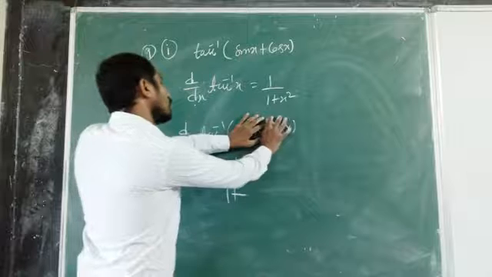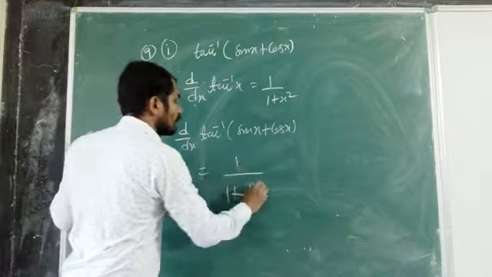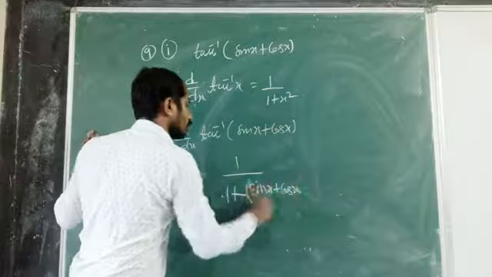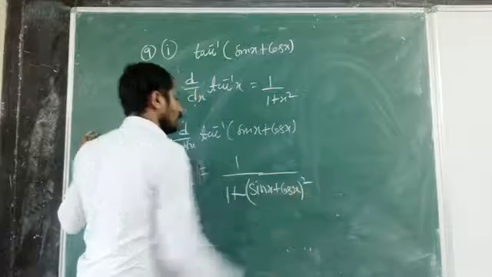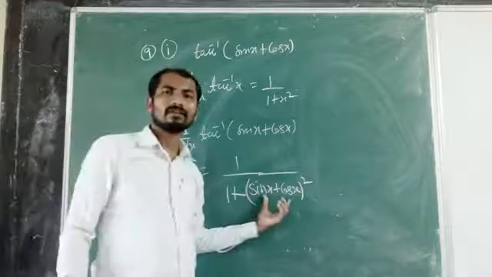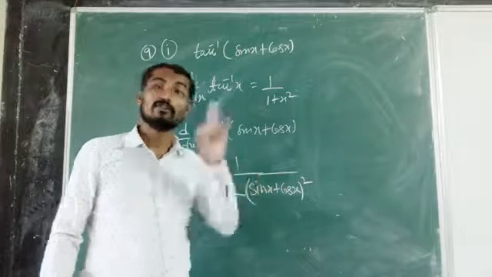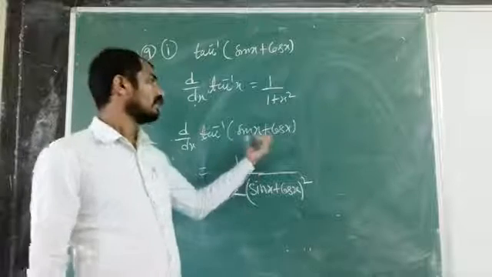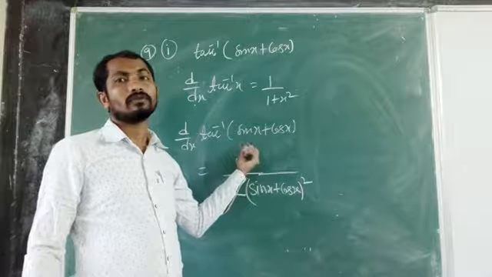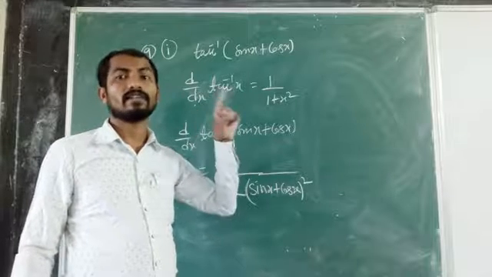So this we assumed as x. d by dx of tan inverse x is equal to 1 upon 1 plus x square, that is 1 upon 1 plus sin x plus cos x whole square. If it were exactly x, I would take the derivative only one time. But it is not exactly x, we only consider it as x. That's why we have to take the derivative one more time.